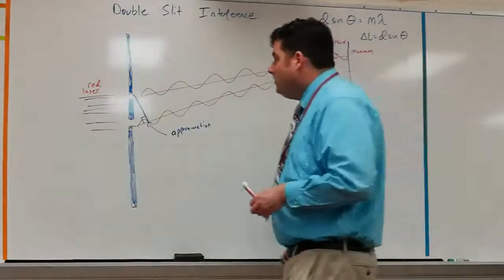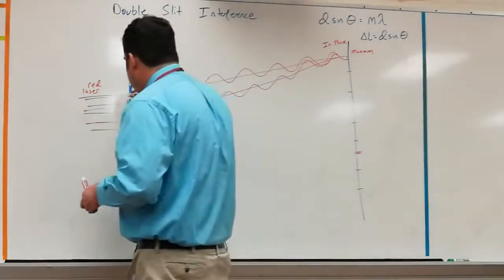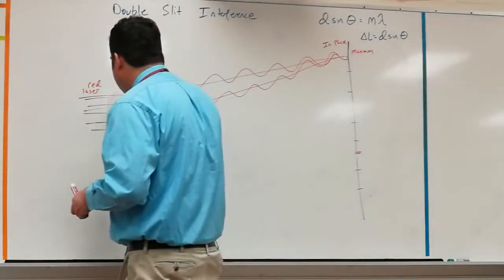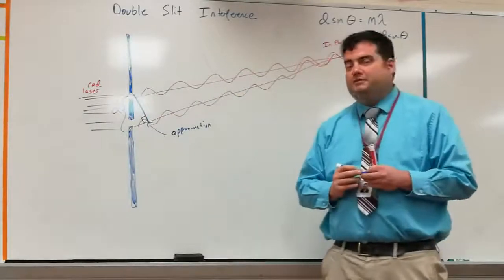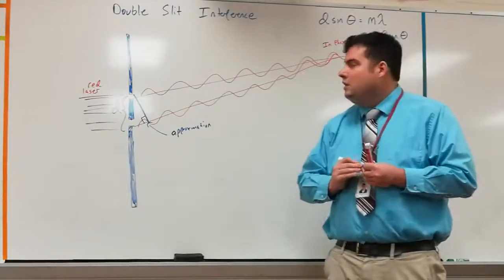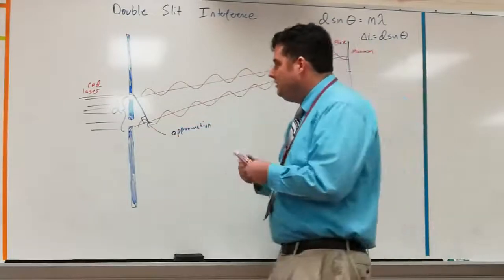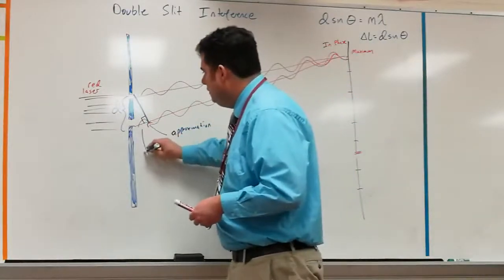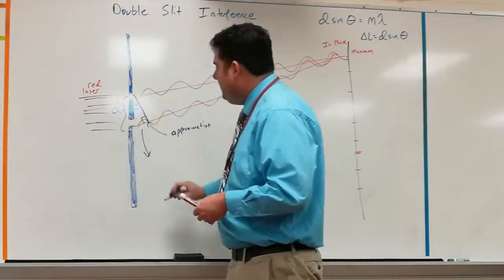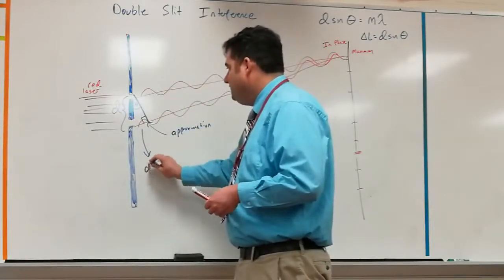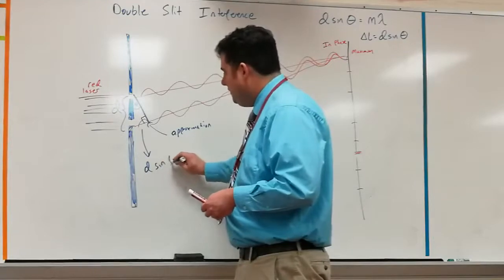Now, if these are a distance d apart, that's the hypotenuse of this right triangle. So what's the path length difference here? Well, if that angle is theta, that side is d sine theta.